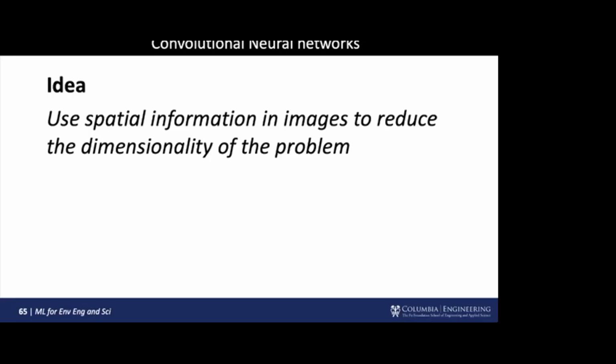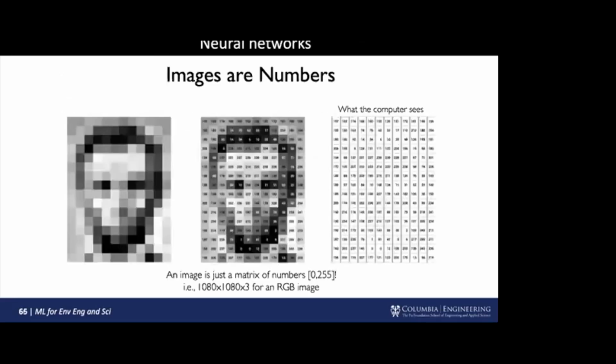This reduces the number of parameters and the dimensionality of the problem. The key idea is simple: use where things are in the image, not just what the values are. Okay. So to a computer, an image is just numbers, right? Each pixel is a number that represents intensity.